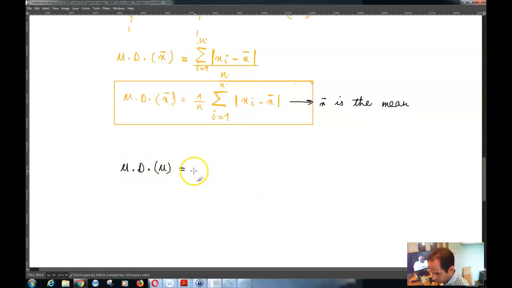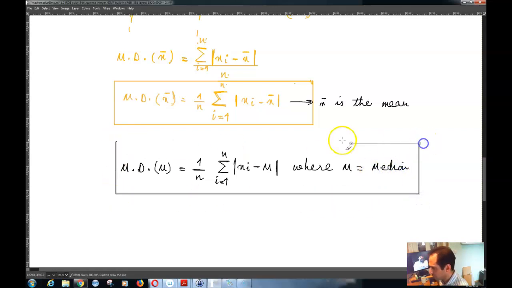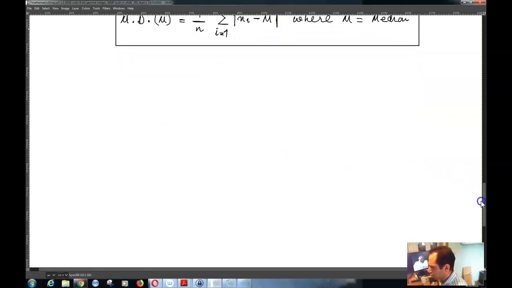And the mean deviation about the median, by the same logic, is 1 divided by n times sigma of the absolute value of x of i minus the median, as i goes from 1 to n, where M is equal to the median. Okay, so that's how you calculate, for example, the mean deviation about the median. So that's basically what we did in the previous 1 or 2 videos.